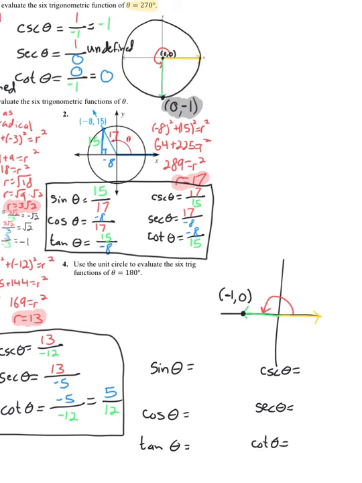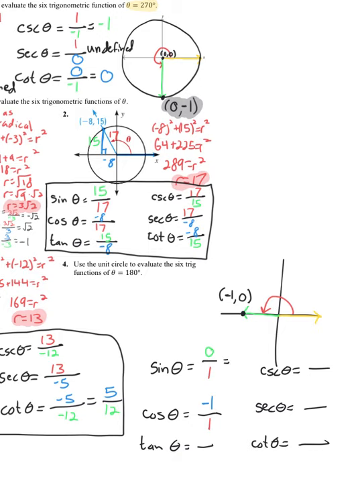And for sine, it's going to be the y value over the hypotenuse, which is just 1. And remember, we don't necessarily need to write that. We could just say it's the y value, and cosine could be the x value. I'm just writing it to show you where it's coming from. For cosine, it's the x value over the hypotenuse.